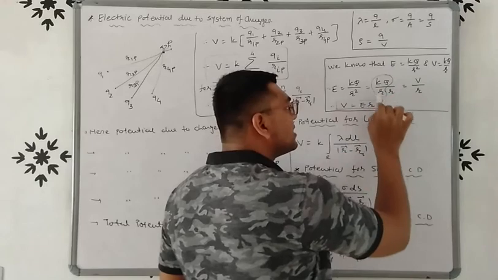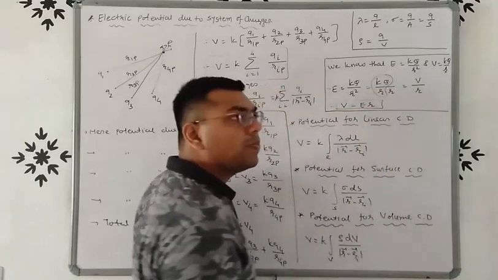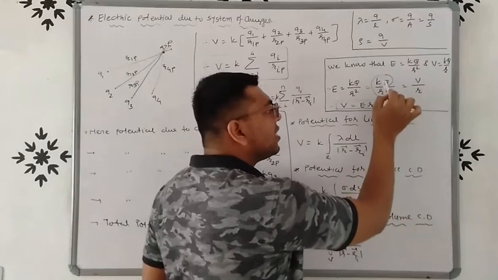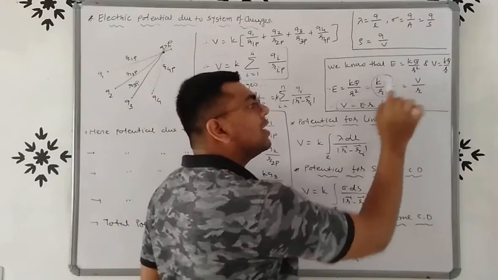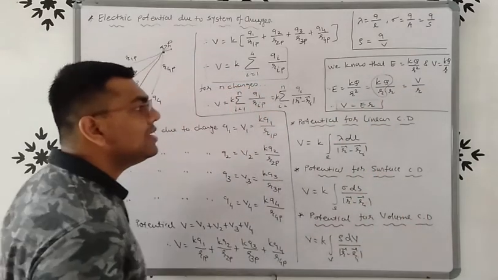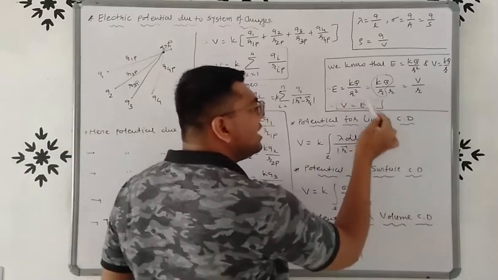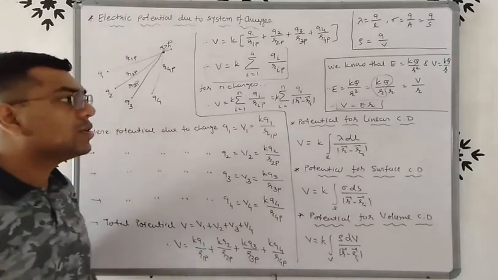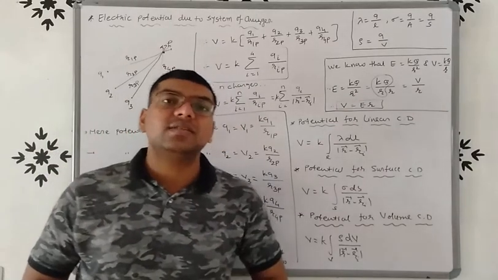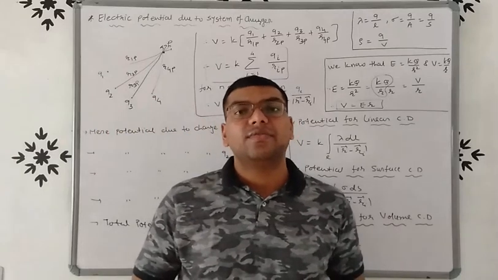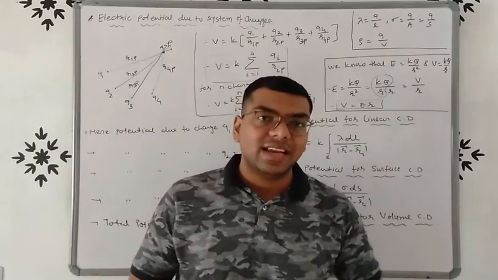But we know that this kq by r is equal to potential V. So E is equal to V upon r, or we can say V is equal to E into r. So the relation between potential and electric field is V is equal to Er, right?